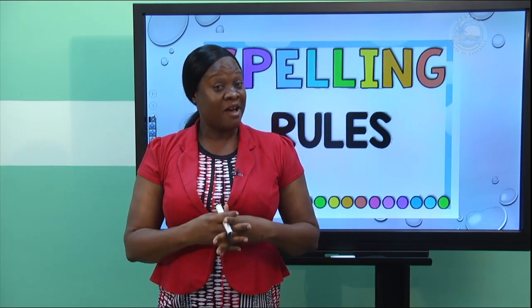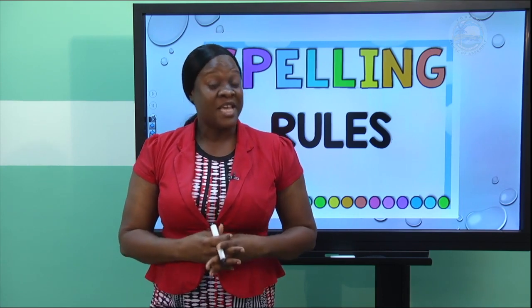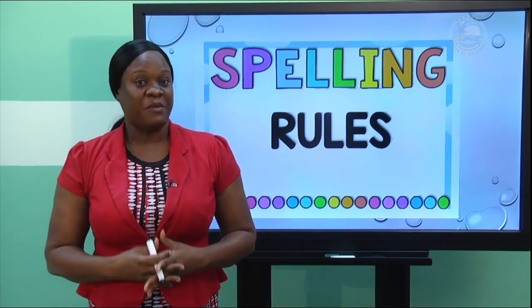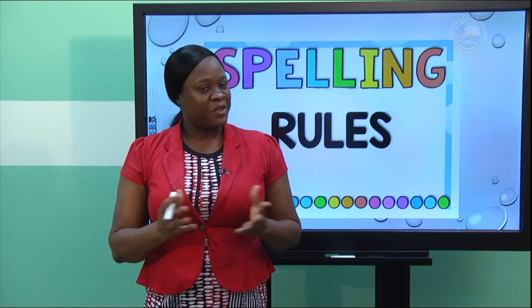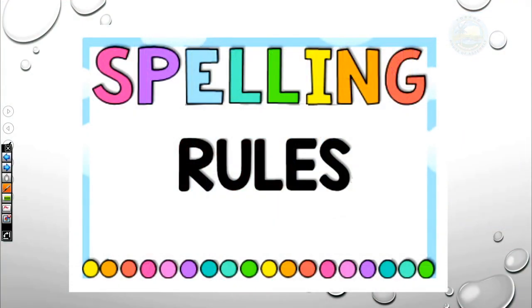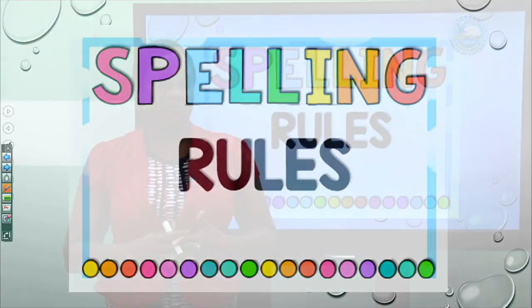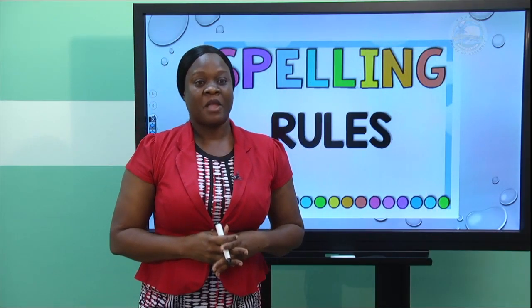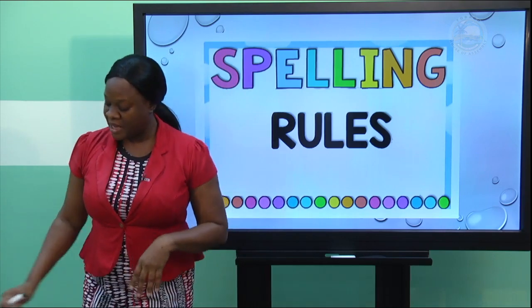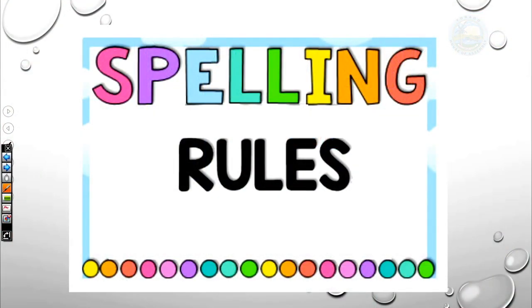I know many of you have the correct answer. If you said F is changed to V before adding ES, you are correct. So listen up as I give you the next clue for the next rule.